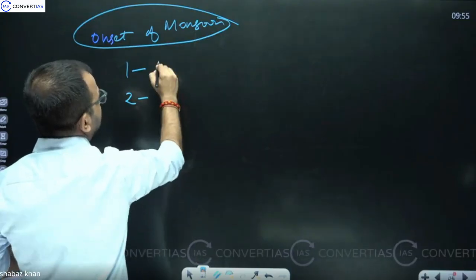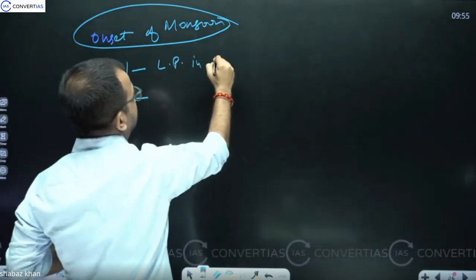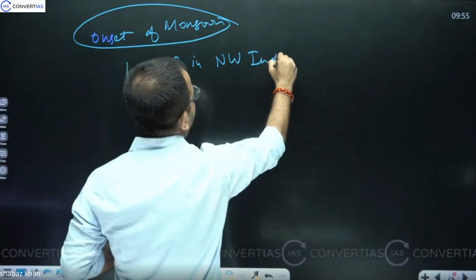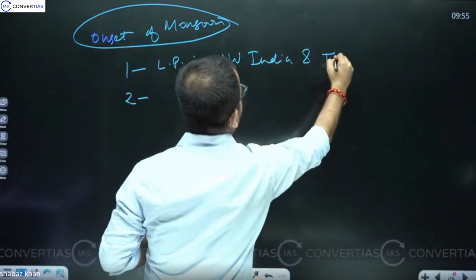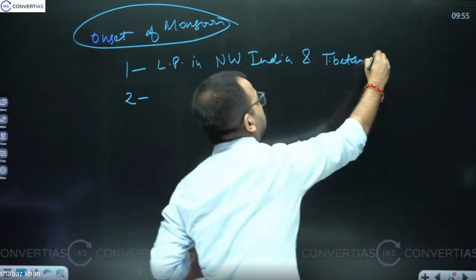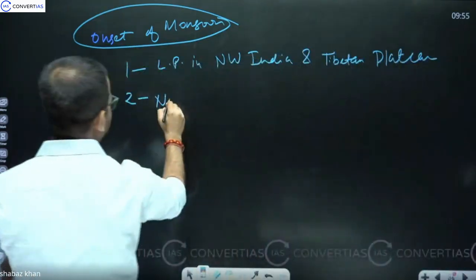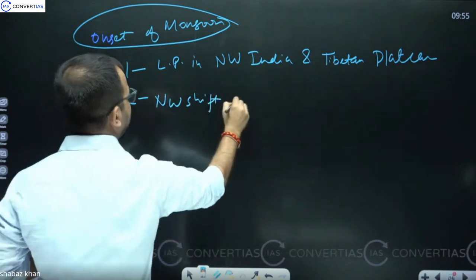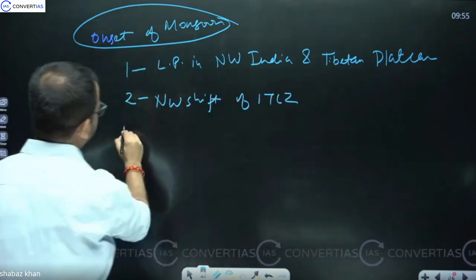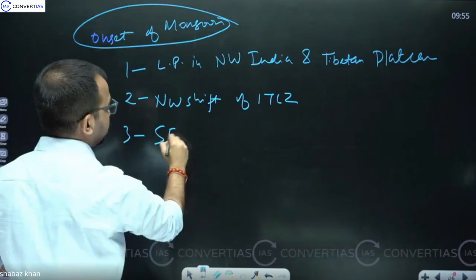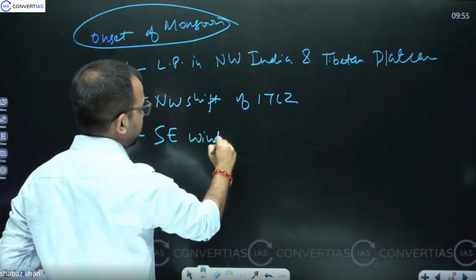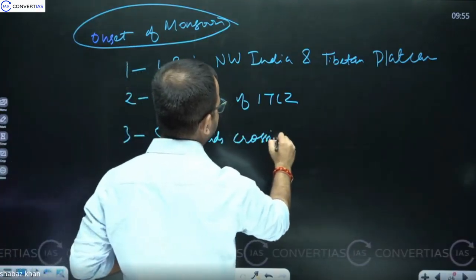First of all, low pressure in northwest India and the Tibetan Plateau. Then northward shift of ITCZ. Then southeastern winds crossing the equator.